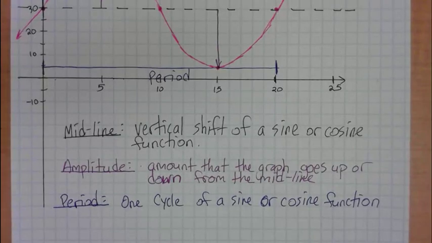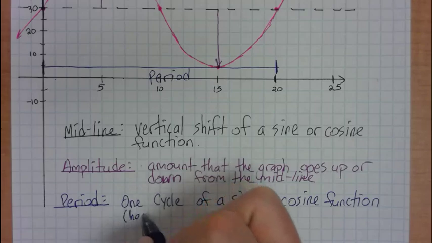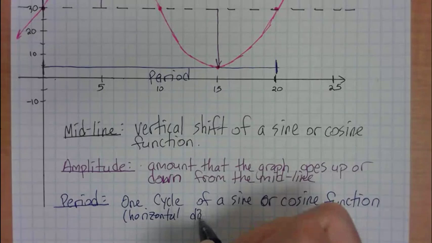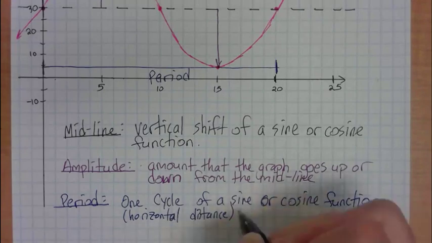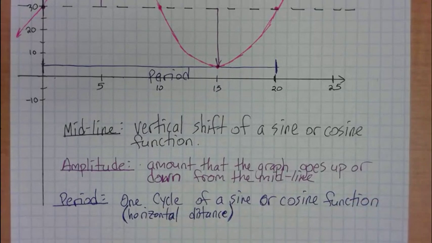And that is a horizontal distance. In this case we were talking about time. Sometimes it may not be time, although most of the time it is. So basically the time for one cycle to finish, or the length of one cycle.